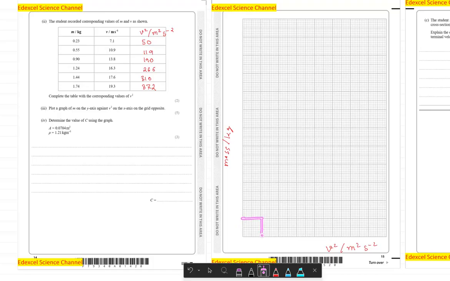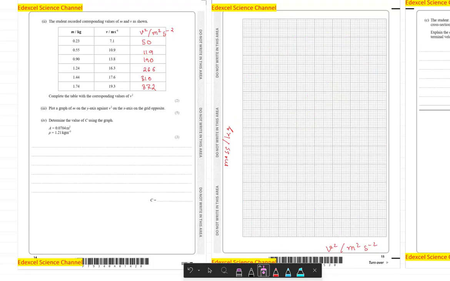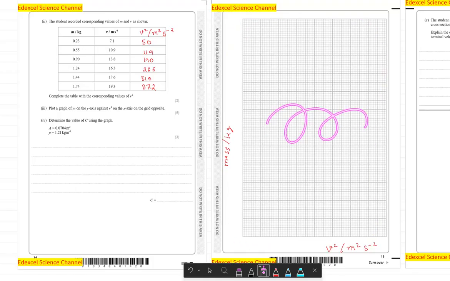If you fit the whole graph in such a small space, it would not be readable. So you need to use at least 50% of your entire grid. That is the bare minimum. If you use 100% of it, that is even better. Then your graph will be more readable and your scale much more sensible.